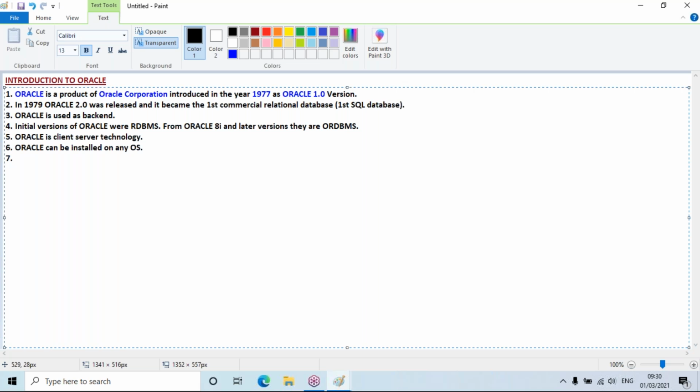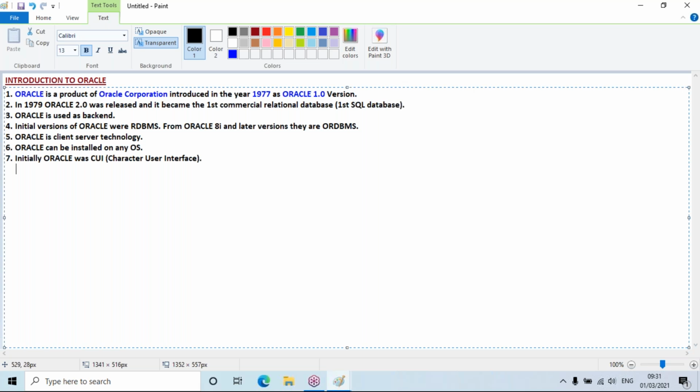Seventh rule. Here comes one more important point about Oracle. Initially, Oracle was purely CUI, character user interface. There was no user-friendly support for Oracle.